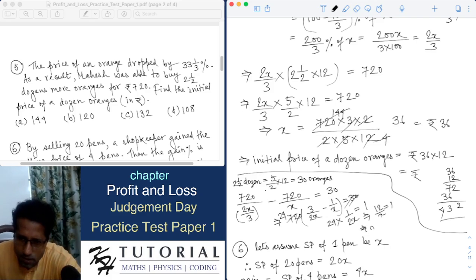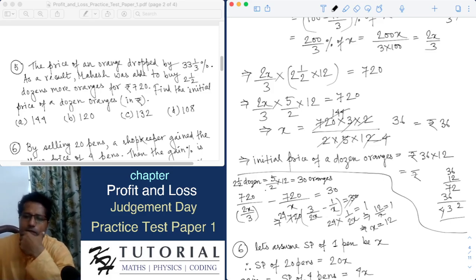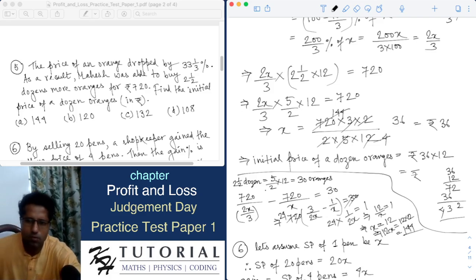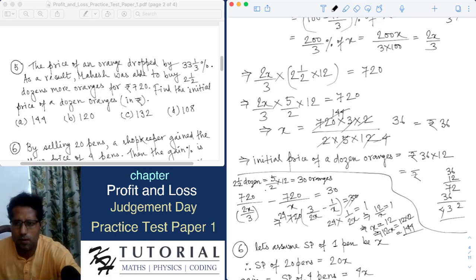This implies x equals 12. So the initial price of an orange is 12. This implies 12x, that is the initial price of a dozen, will be 12 into 12 equals 144. Okay, so the answer is choice A.